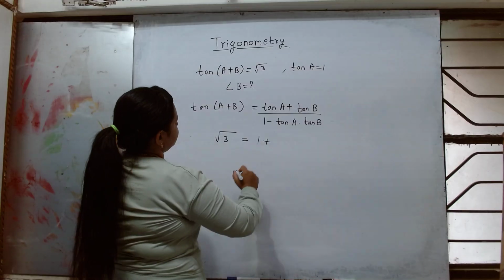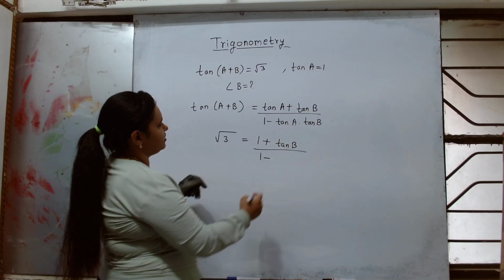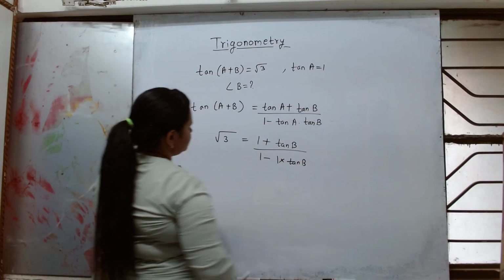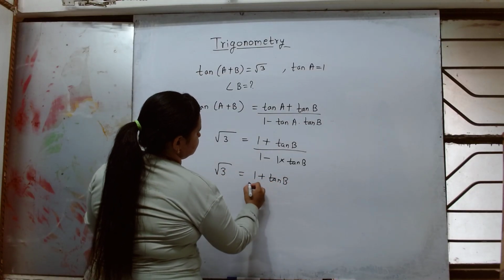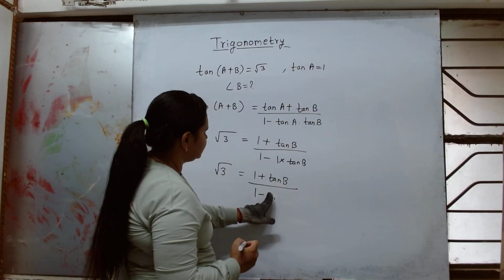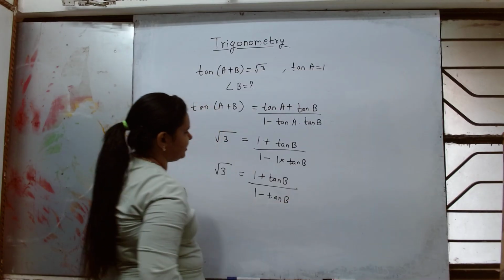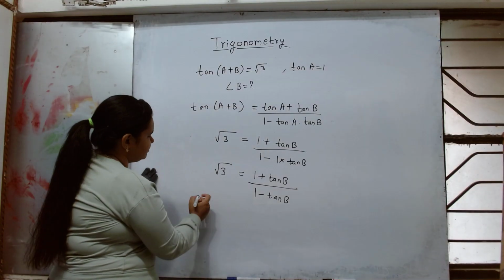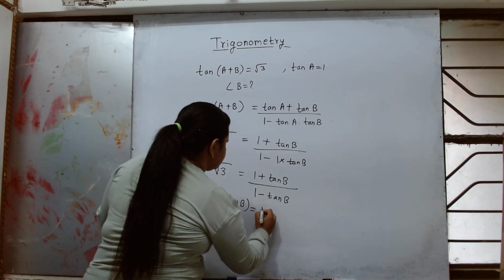Then 1 plus tan B, we don't know tan B, upon 1 minus tan A, which is 1, times tan B. So root 3 is equal to 1 plus tan B upon 1 minus tan B. Again we multiply this to this side: root 3 into 1 minus tan B equals 1 plus tan B.